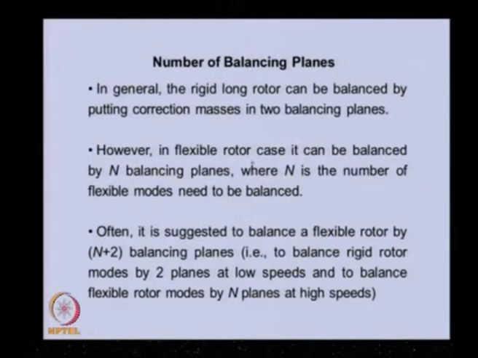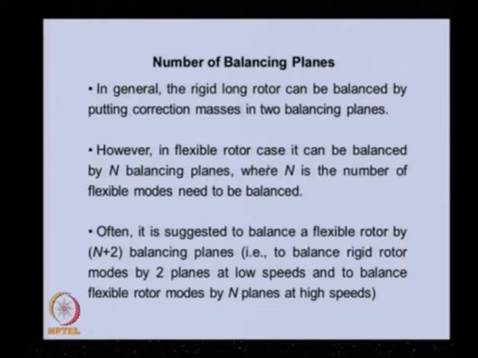Often it is suggested that when balancing a flexible rotor, we should balance not only the flexible modes but also the rigid mode. So for the flexible modes, if we are balancing up to the nth mode, we require n planes, but what about the rigid body mode, that is the rigid rotor case?